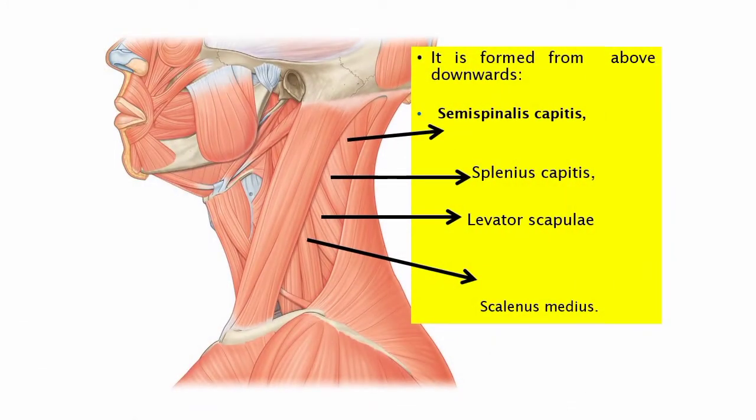I have already shown you the muscles forming the floor of the posterior triangle: semispinalis capitis, splenius capitis, levator scapulae, and scalenus medius.